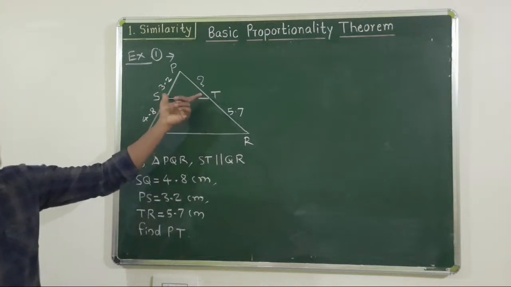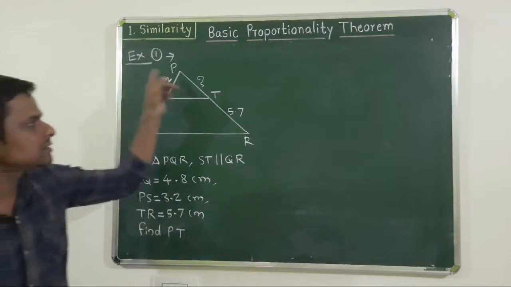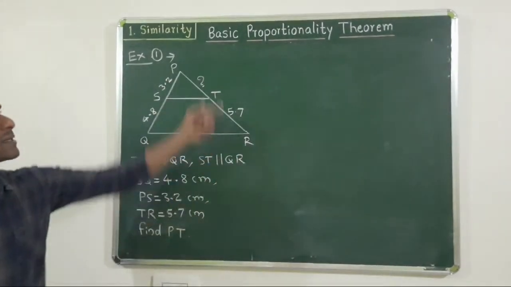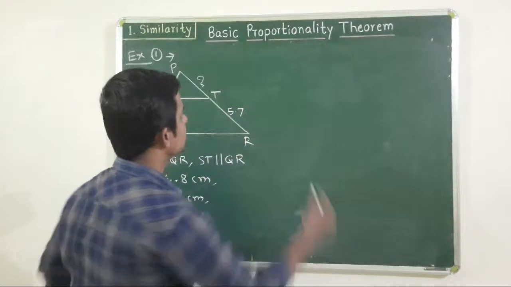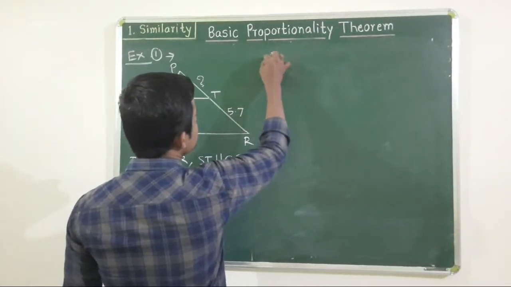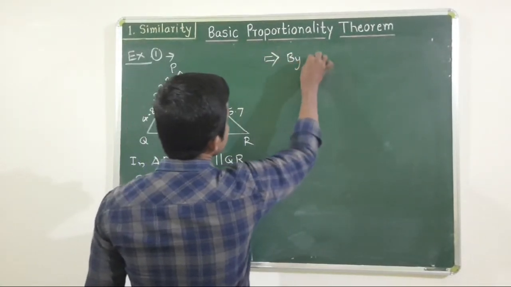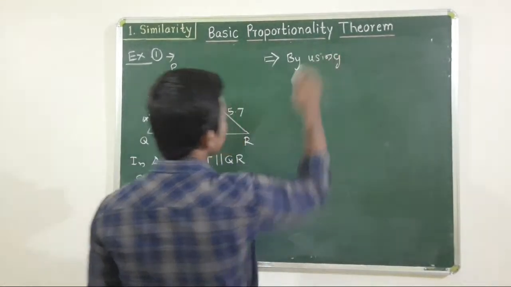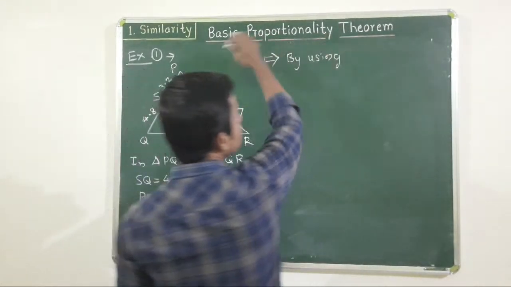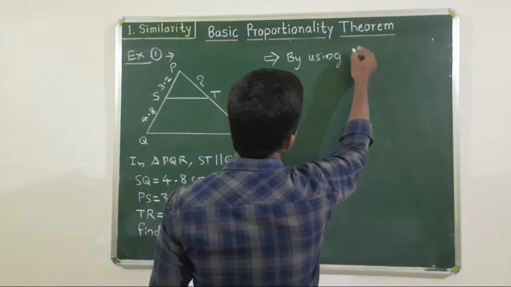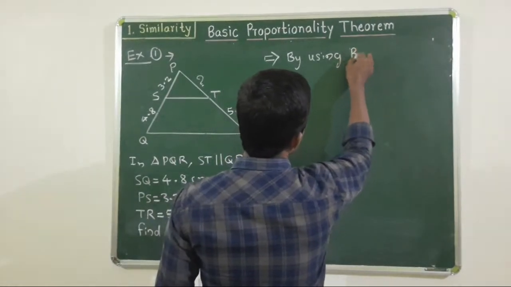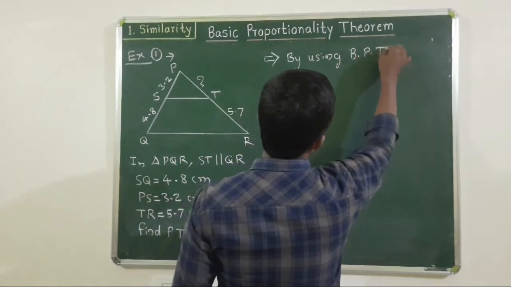Then that segment divides the other two sides in proportion by using the basic proportionality theorem. You don't have to write basic proportionality theorem in full like this, we can use BPT in short.